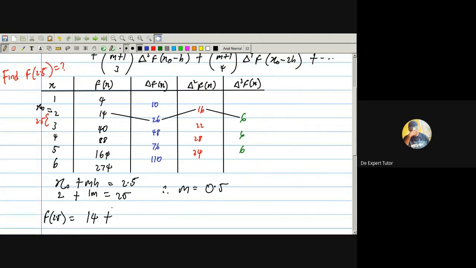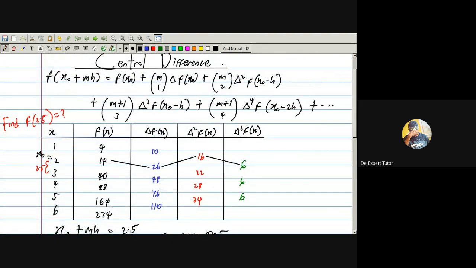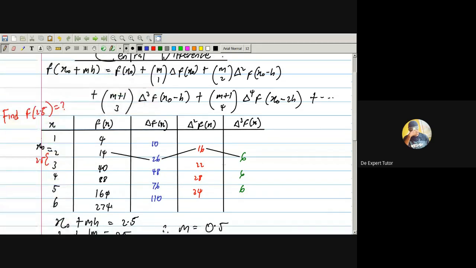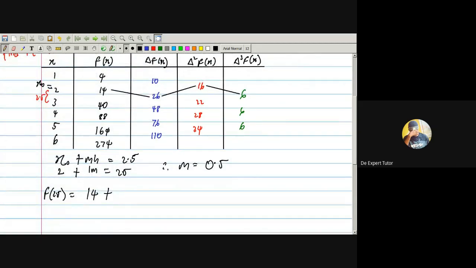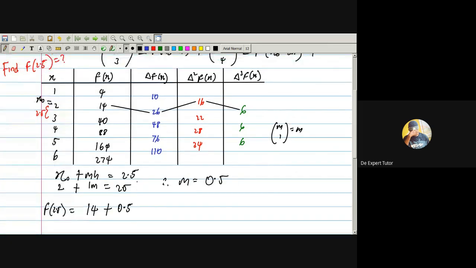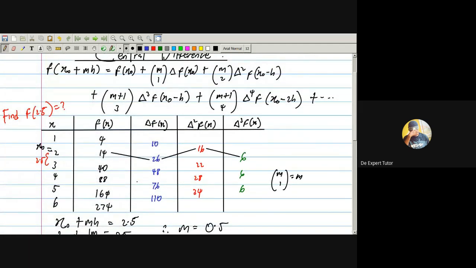plus m combination 1. What is m combination 1? It's m. That's m, and my m is 0.5. M combination 1 is still m. So I have 0.5 times, check, what is delta f of x?